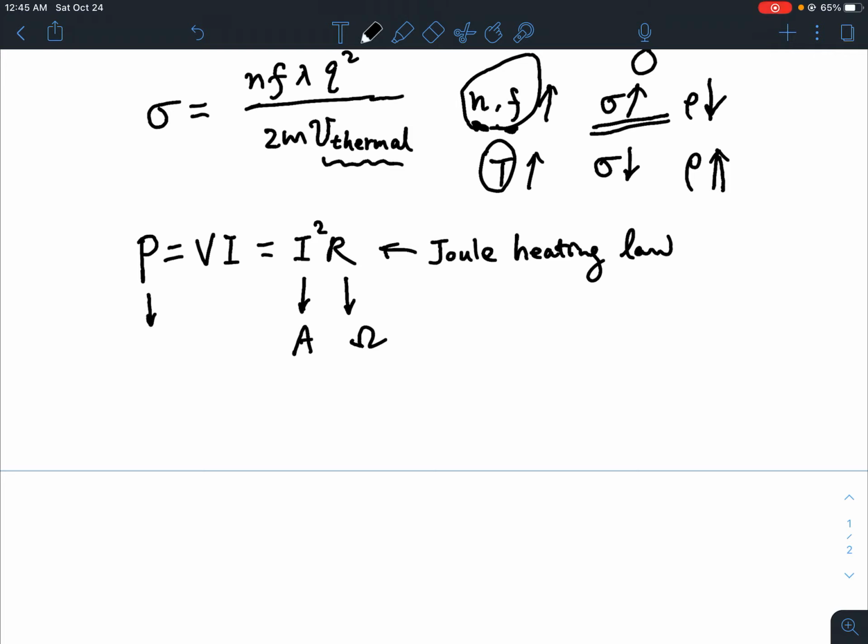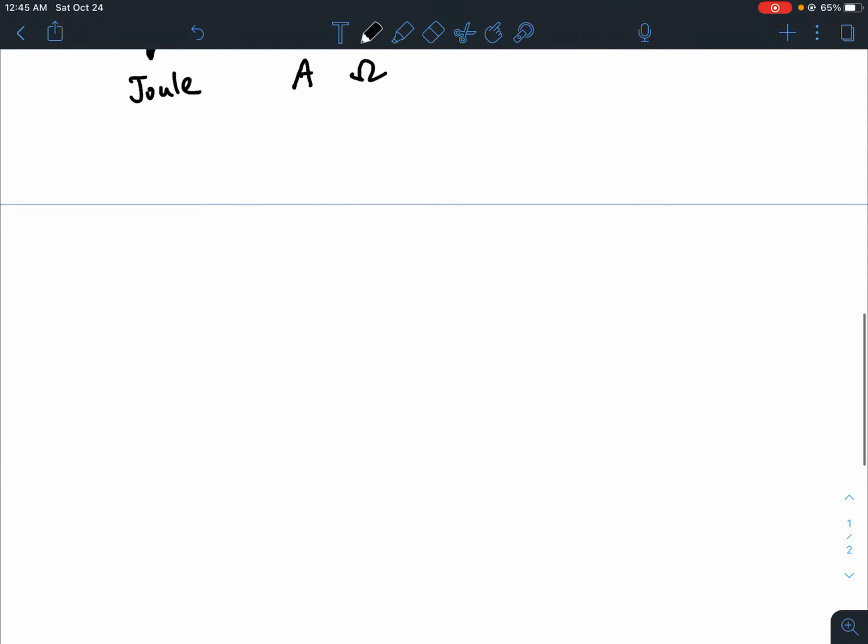Then P has a unit of joule per second. So this is what we have. As I said, it is a very simple model, but I wanted to show you, from the microscopic world, what the conductivity and the resistivity are.